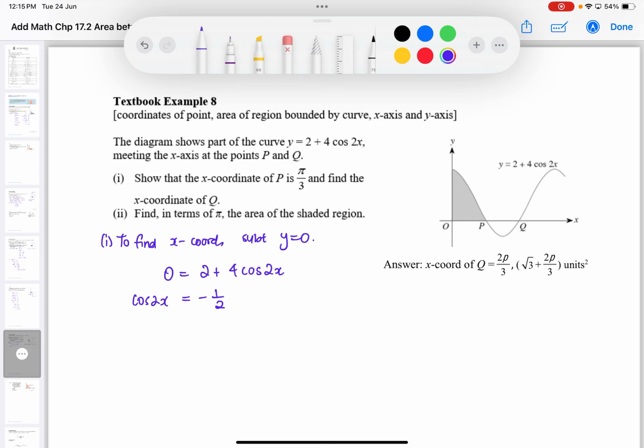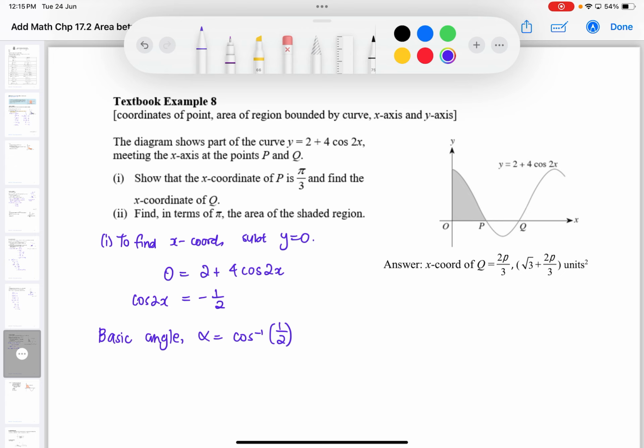Okay? Then how to solve? Find the basic angle. Basic angle alpha can be found by taking cosine inverse of half. And what is cosine inverse of half?